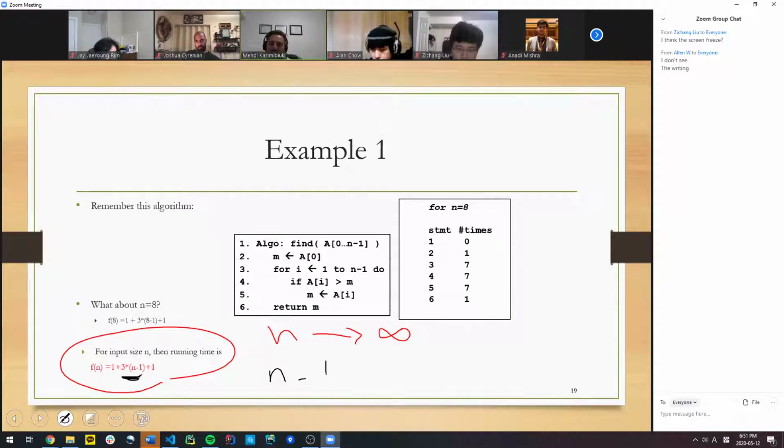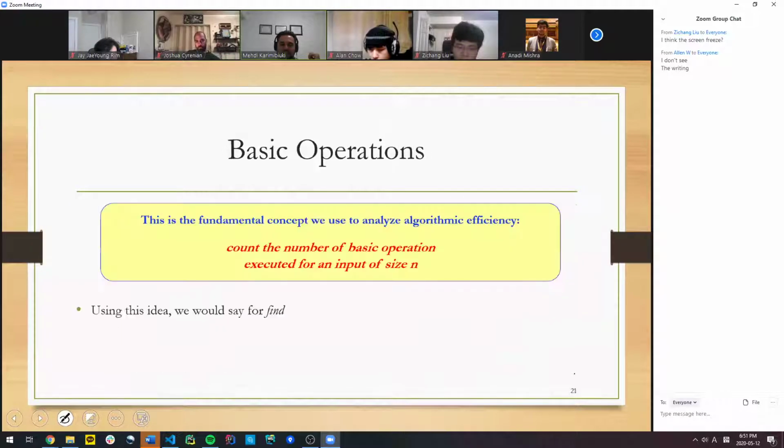So what really boils down is that this function depends on n minus 1, and that's all it depends on. I think that's what slide number 21 is trying to imply: for the find function, the execution time is n minus 1.